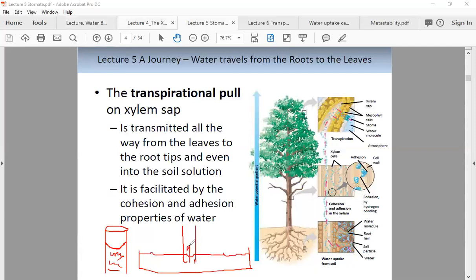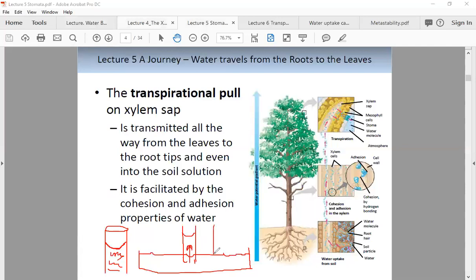Yep, it'll actually move up that capillary tube so that its upper level is higher than the level of water in the actual dish itself. And of course, this is driven once again by the adhesive properties of water clinging to the inner walls of the capillary tube, the surface tension of water, absolutely.